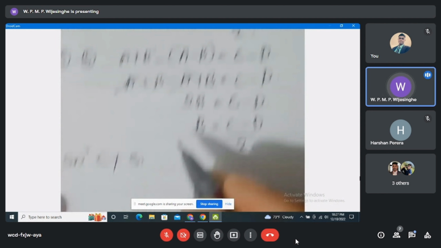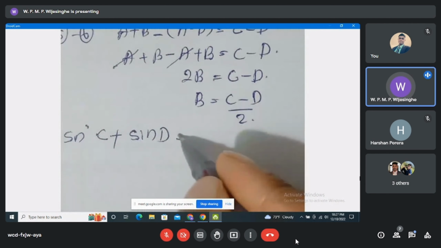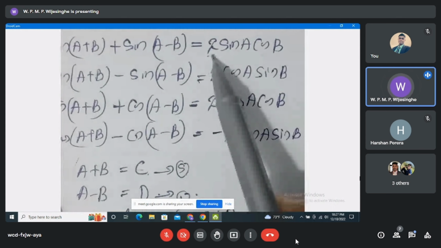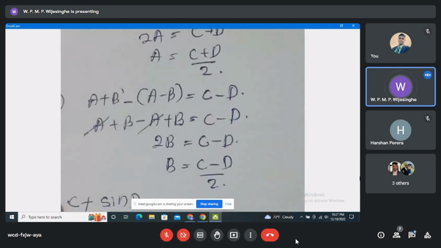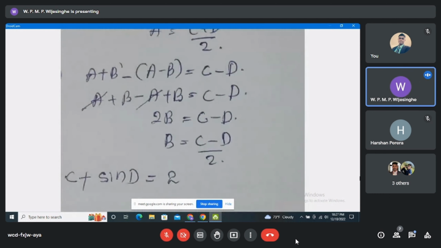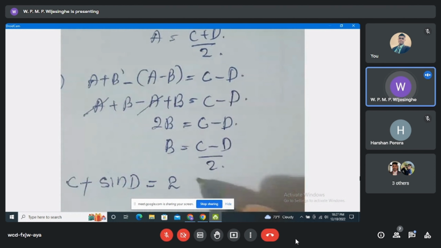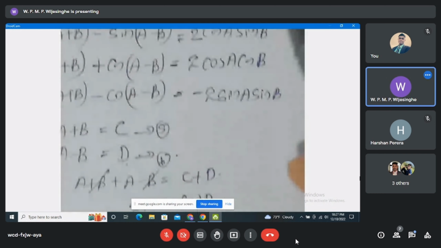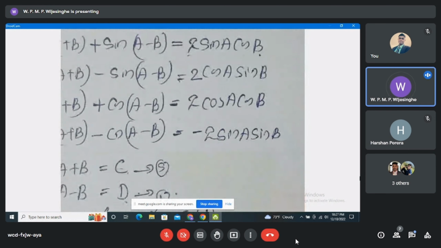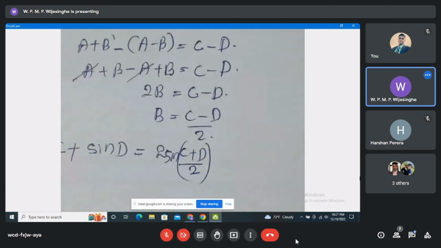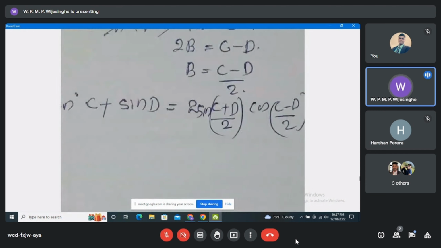Then sin D is equal to, what is, 2 sin A cos B. To write sin A by using C and D, sin A means C plus D, right? Sin of C plus D divided by 2. Then cos B, B we can write as C minus D divided by 2. Cos of C minus D divided by 2. Right?